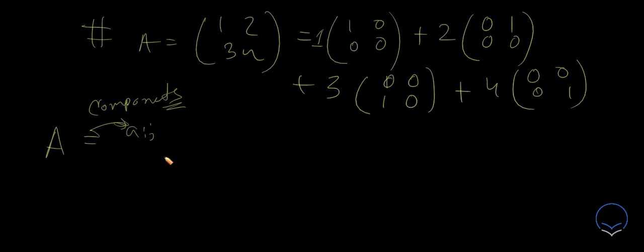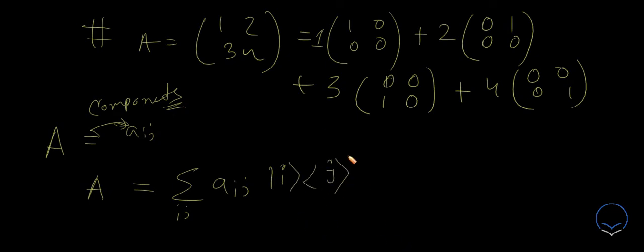And here there is a very nice thing about the bracket notation. In the bracket notation, we saw that the columns and the rows were represented by bras and kets, or vice versa. But here in bracket notation, the matrix A we would be writing like this: summation over ij of a_ij, where small a_ij are the components, times a ket of i and a bra of j.